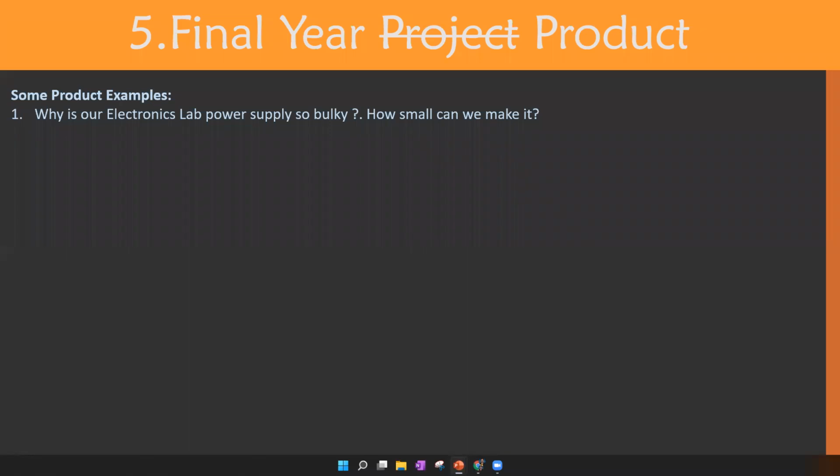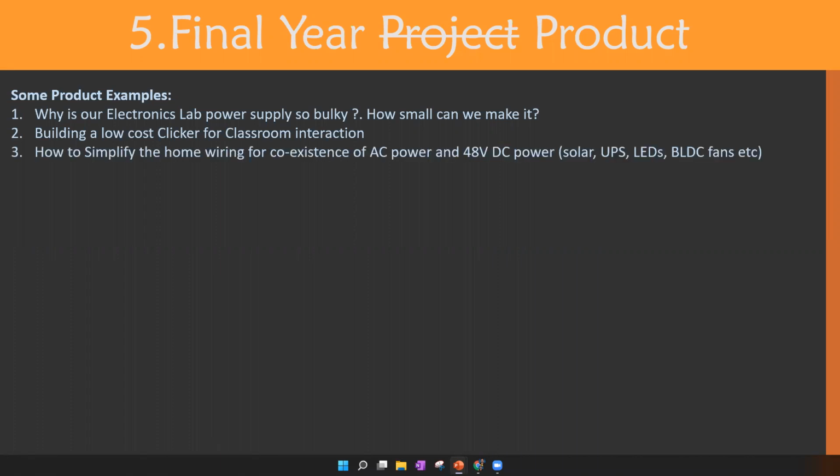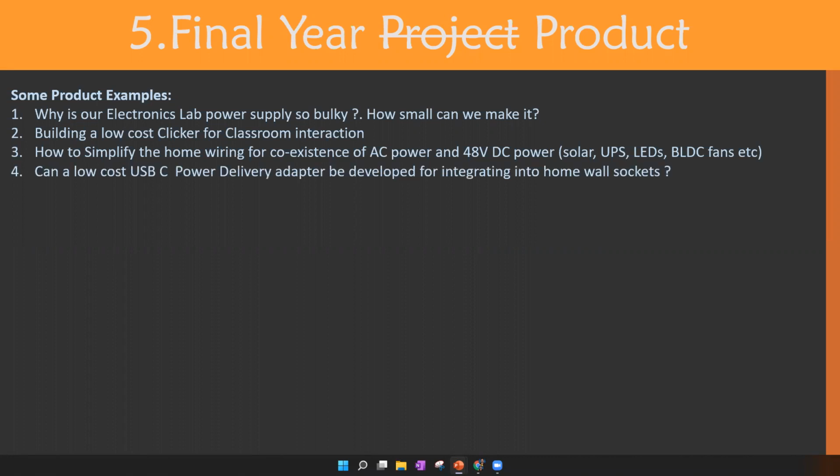I also go for final year project evaluation. So they call me for evaluating their final year projects. And I often find that they are not of the high standard. So then students ask me, what are the things that we can do? There are a lot of things we can do. There are many ideas we can come up with. There is no paucity of ideas. I just have a few things which are of interest to me. It may not be of interest to you, but these are just some examples, right?